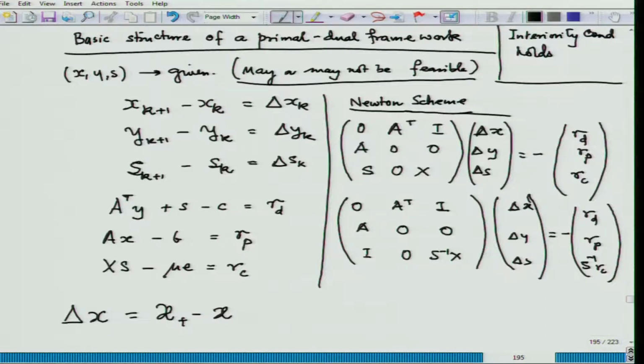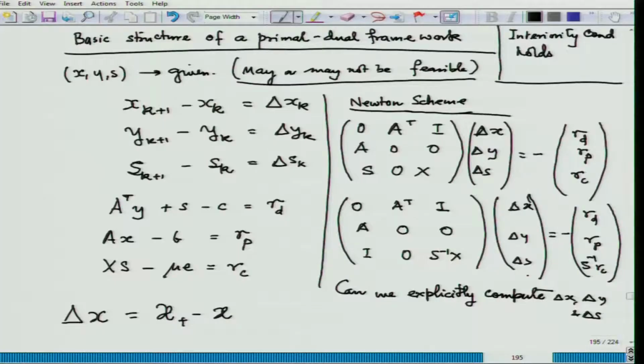Now, can I actually solve them explicitly? Can we explicitly compute delta x, delta y and delta s? So, we take this and go back and try to do this one.